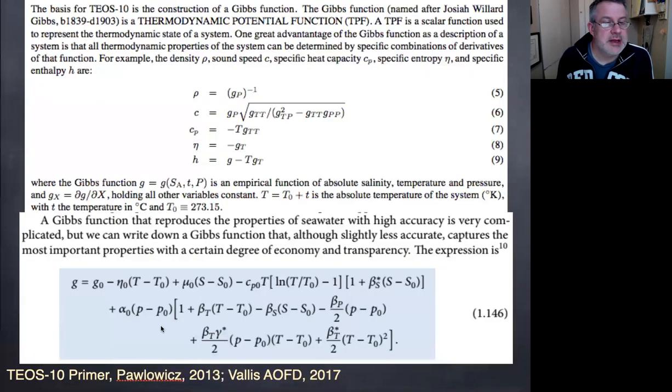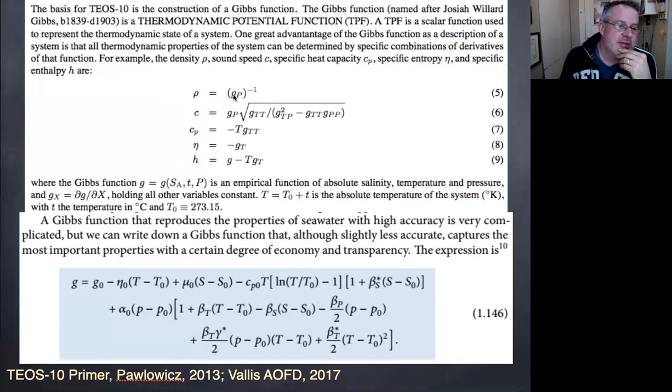Oh, sorry, repeated slide. Okay, if you want a tiny piece of what that conservative temperature is about, it's about using the Gibbs function, which is a thermodynamic potential function, to derive all of these quantities consistently. So here is an example.